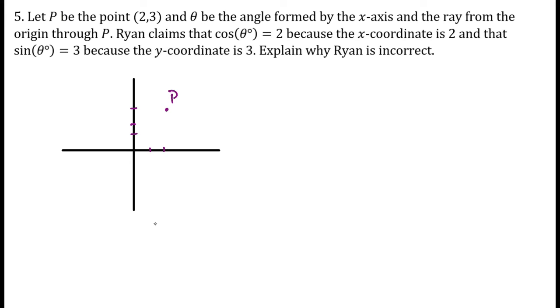There's P. Our friend Ryan claims that the cosine of theta is 2, because that's the x-coordinate, and the sine of theta is 3, because that's the y-coordinate. Explain why he's incorrect. Well, yes, we have been saying that cosine is your x value and sine is your y value. That's only when you're on the unit circle. (2, 3) is not on the unit circle.